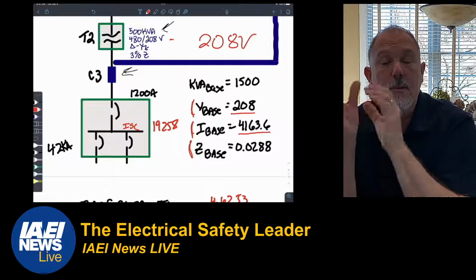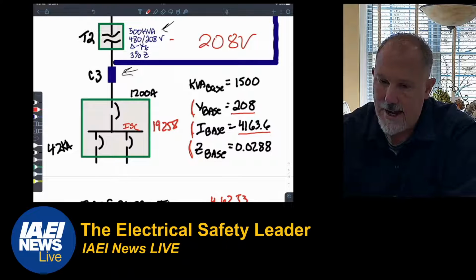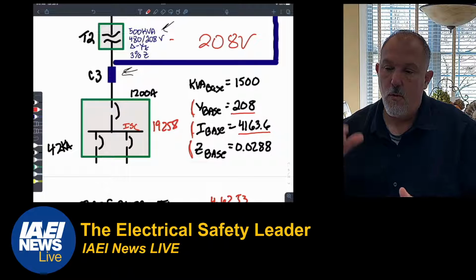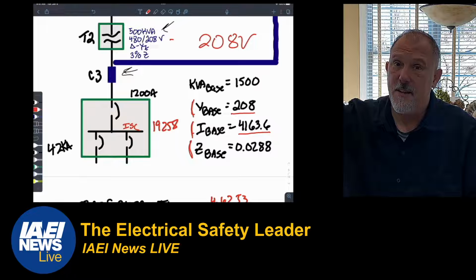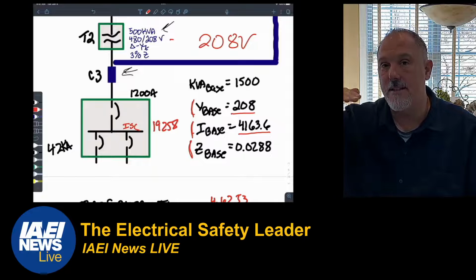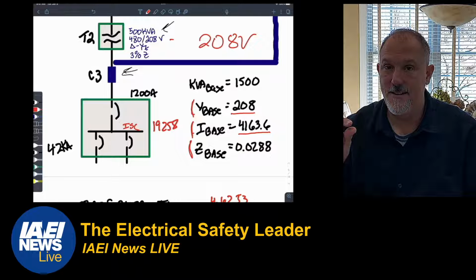So remember, even though you pick a kVA base, and one of the things that I always would forget about in school was that when I go to different points in the system, my voltage changes.